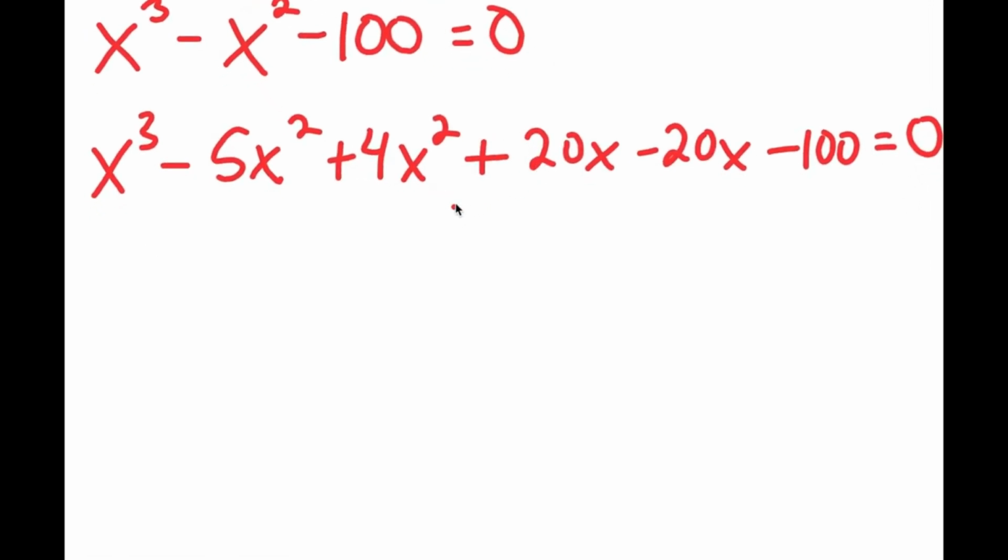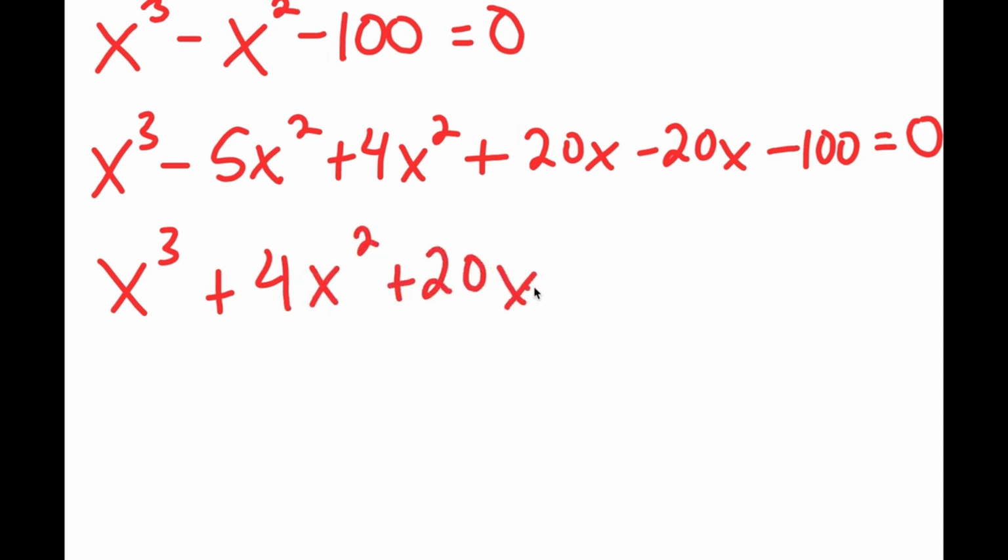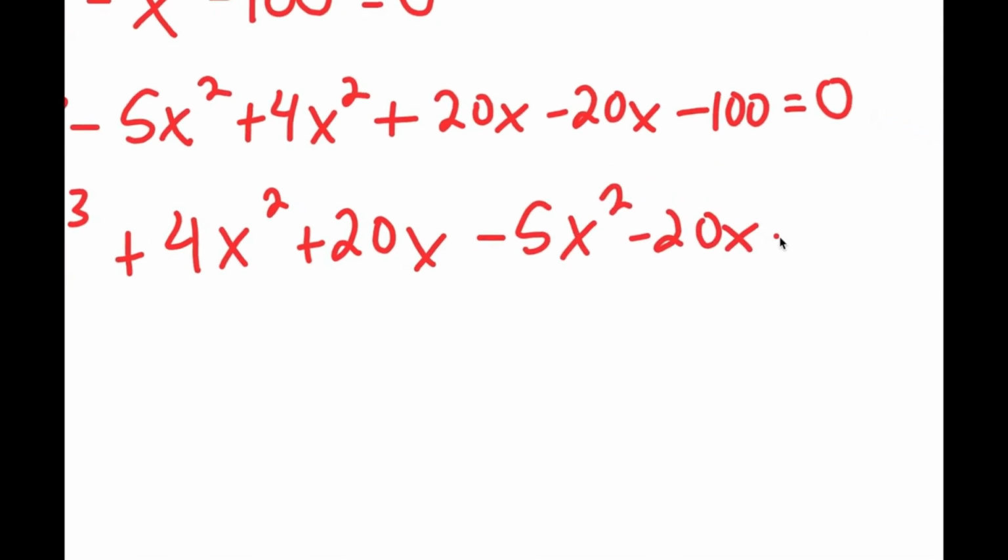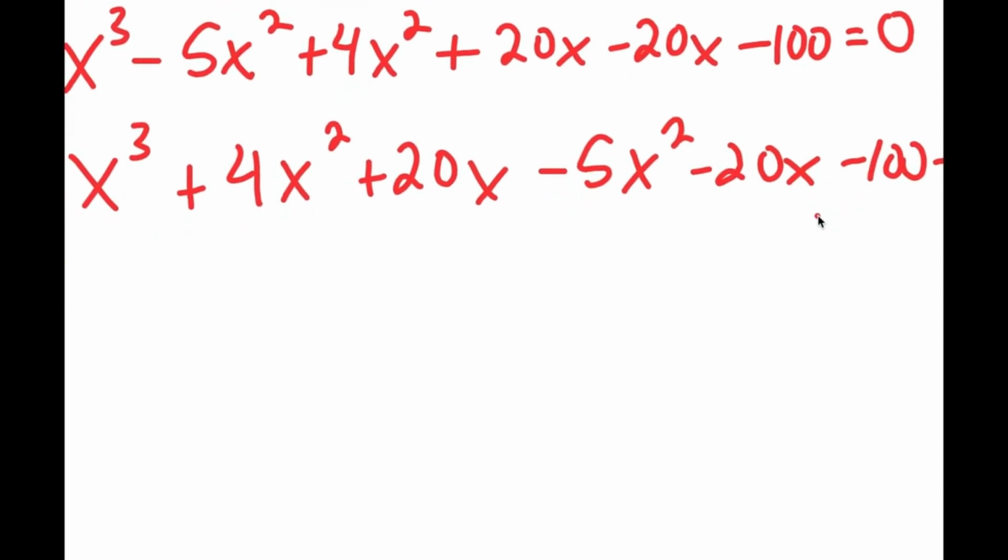So now from here, I can reorder this and make this equal to x to the power of 3 plus 4x squared plus 20x minus 5x squared minus 20x minus 100 equals 0. So now I can factor this much simpler.